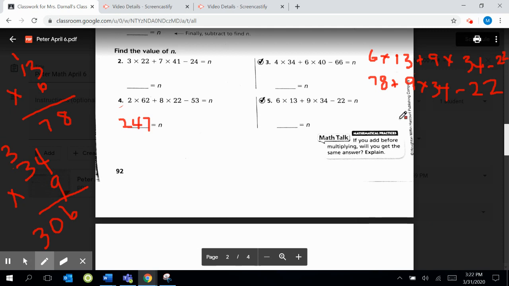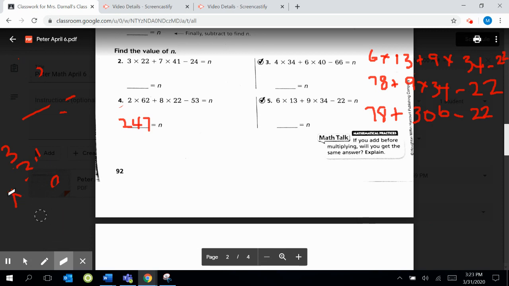All right, so let's see. We're going to copy this down. 78 plus, you always want to keep them in the same place that they are, 306 minus 22. So now we just have the addition left.